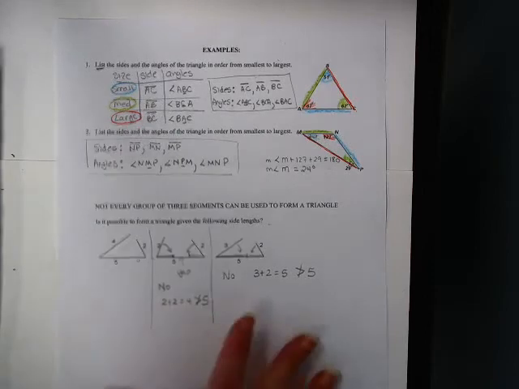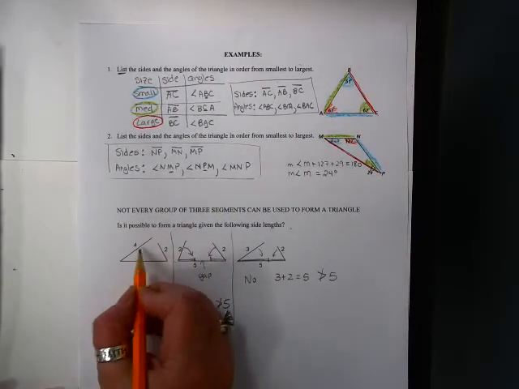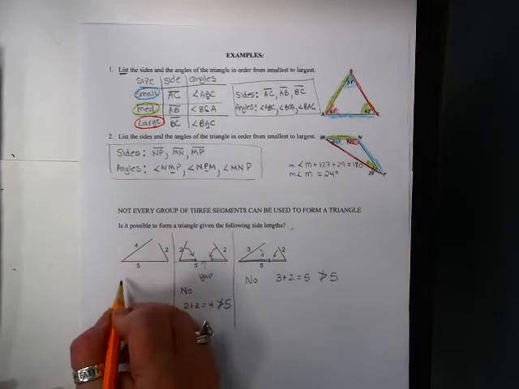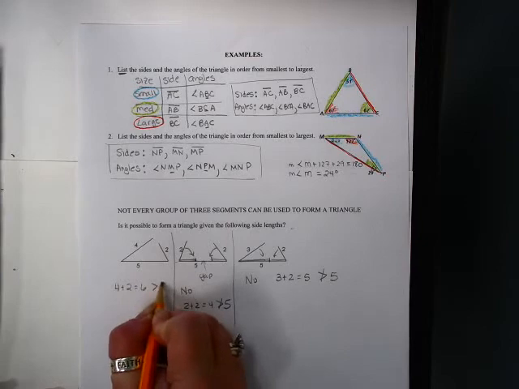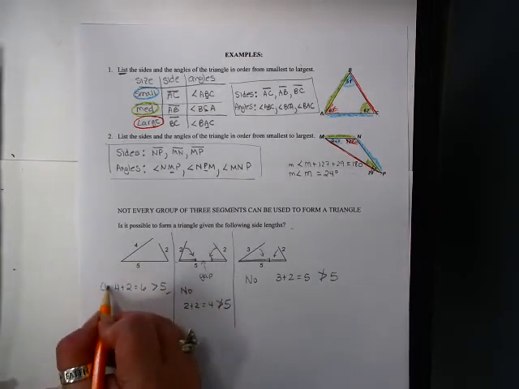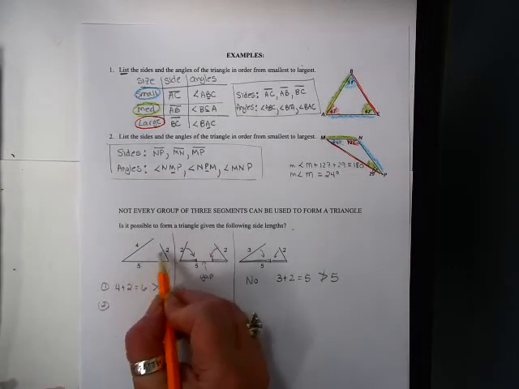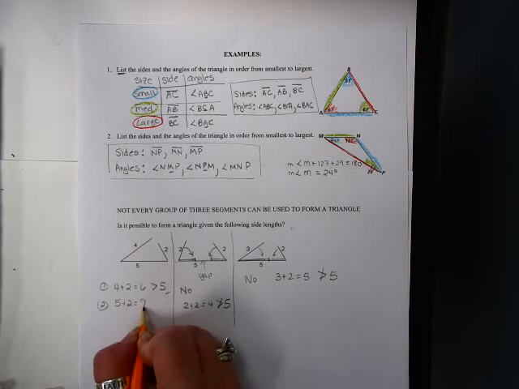Okay, let's take a look at this one. This one, we start off with 4 and 2. Well, clearly, 4 plus 2, which equals 6, that is greater than 5. So that works. So now we have to check all the other situations. Number 2. What about 5 and 2? 5 plus 2, what does that equal? 7.